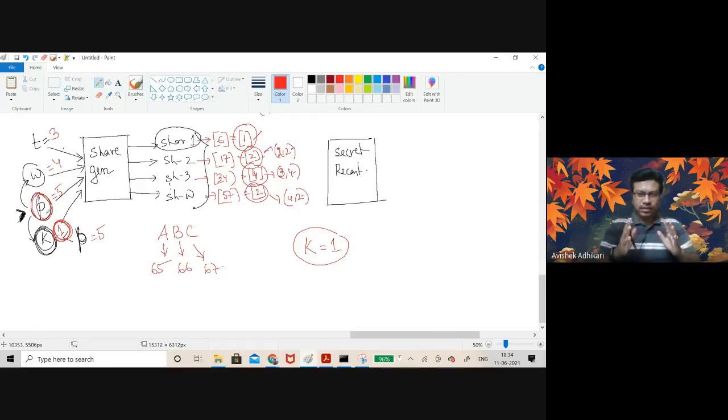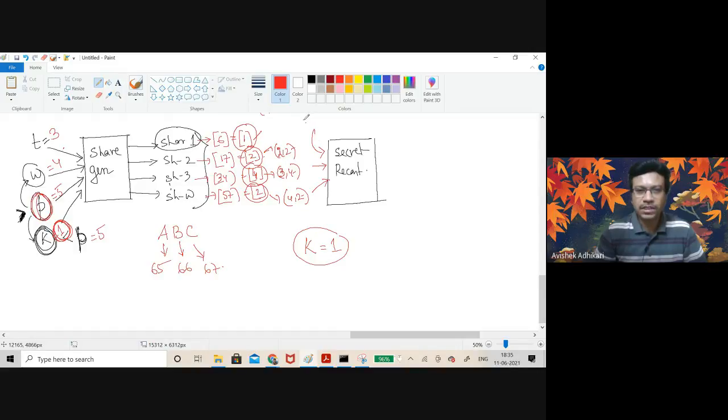For simple understanding, first try to implement with some integer. First take T, W, P and K. Then depending on this P, it will generate these shares. Now the secret reconstruction will take as input the shares. Here you need to put how many shares you want to incorporate.